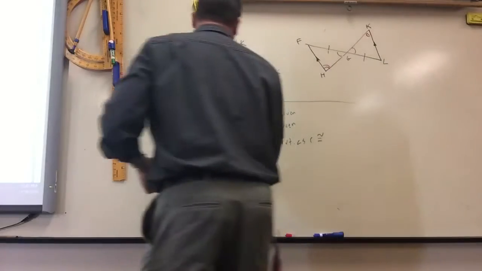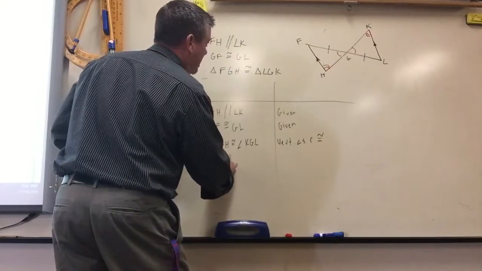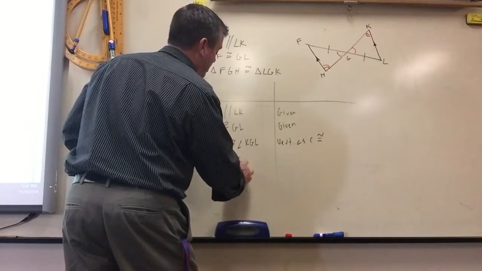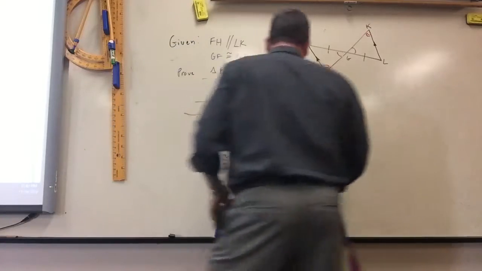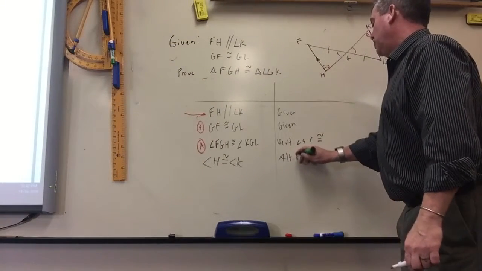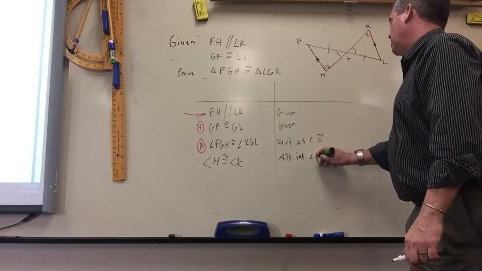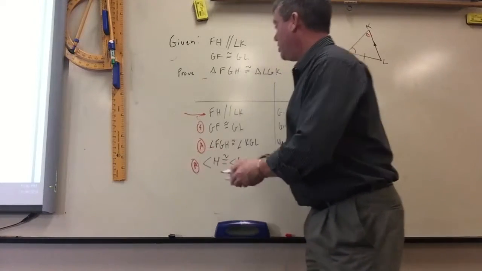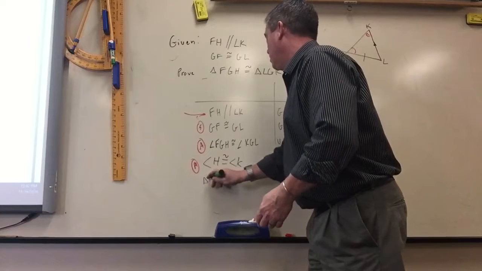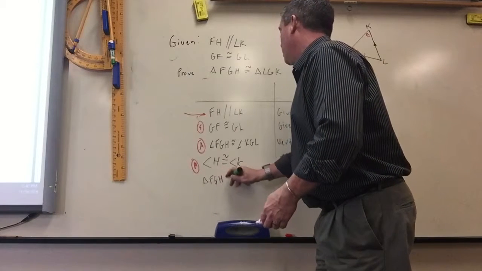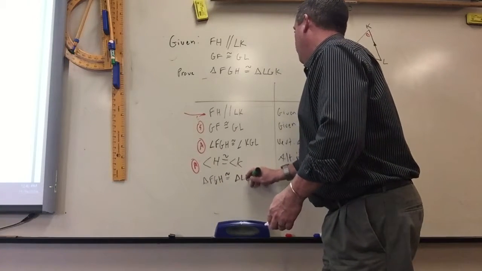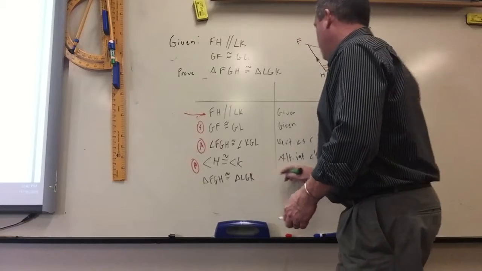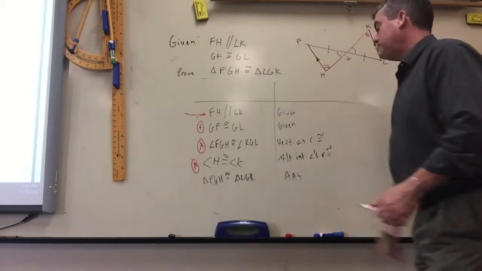So if I do that one, angle H is congruent to angle K because alternate interior angles are congruent. There I've got my three things, so I put my prove in. Because of angle, angle, side.